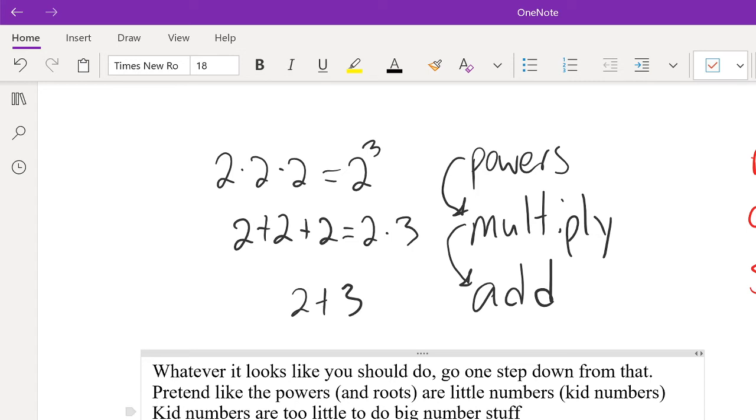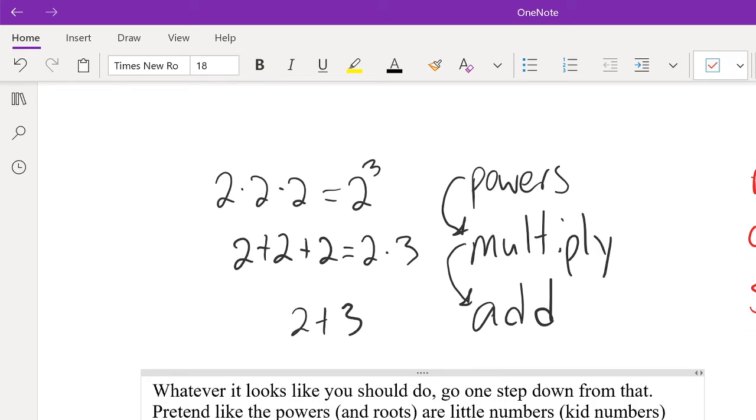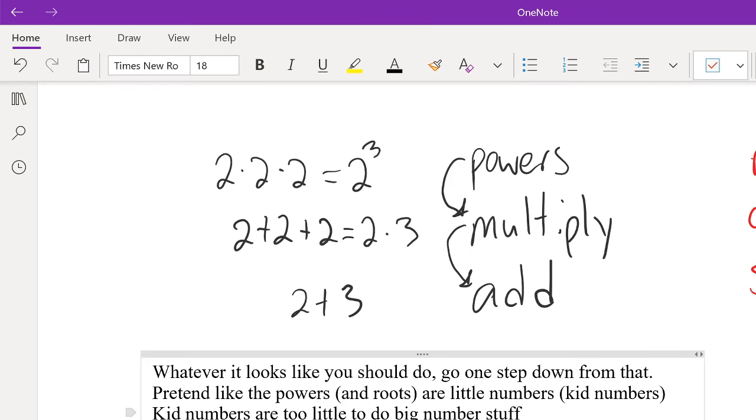So that means that if the kid numbers were trying to do powers, then you would multiply instead, right? They're trying to do powers, so already these little kid numbers are ahead of their game here. So they can probably just handle multiply, but they're too little to handle powers, right? Or if the kid numbers are trying to do multiply, you're too little, just do adding instead. Right, so that's one way to help remember it.